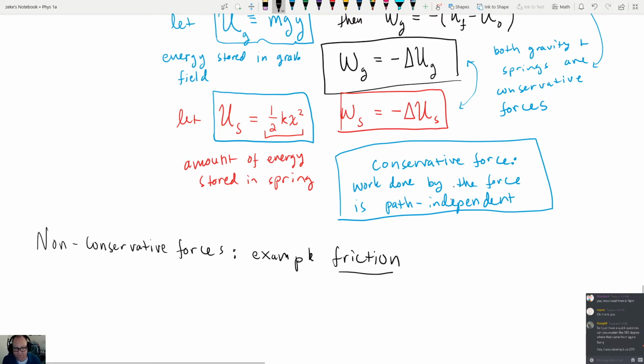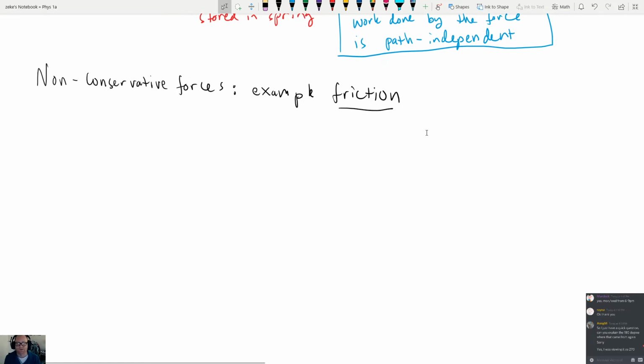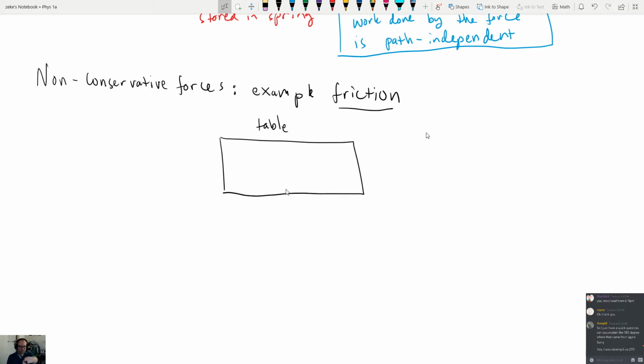The simplest example of a non-conservative force is friction. Suppose that I have a tabletop that we're looking down on, so the ground is into the screen, and things are on this table.